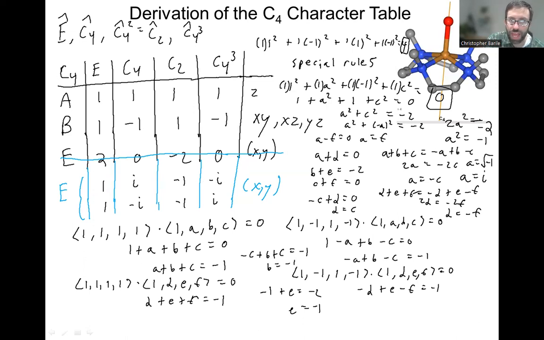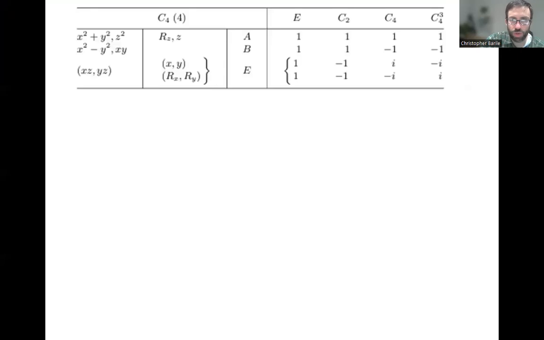If you dotted that with A, 1, 1, 1, 1, you're going to get 1 plus i plus -1 plus -i. That's going to equal 0. So we're orthogonal. And so we can check that with a published known character table, and you can see how they write this out. We basically derive this whole thing.